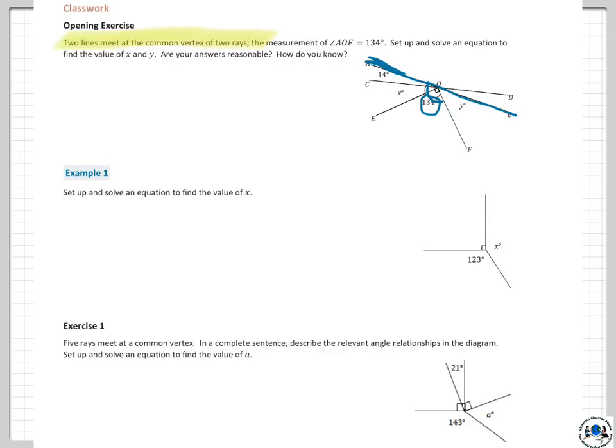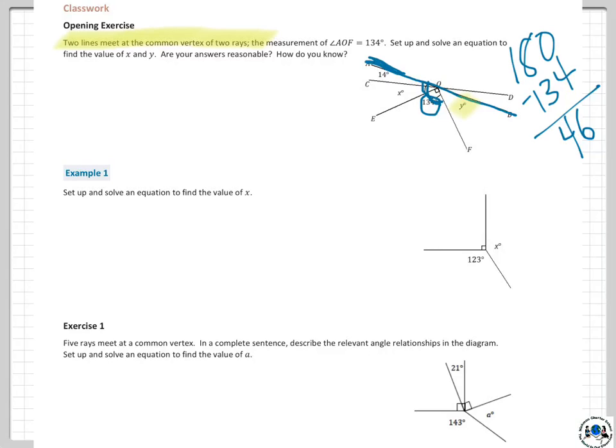Therefore, if all of that is 134, I would take 180, subtract 134, and I would get 46. So I've solved for y here.